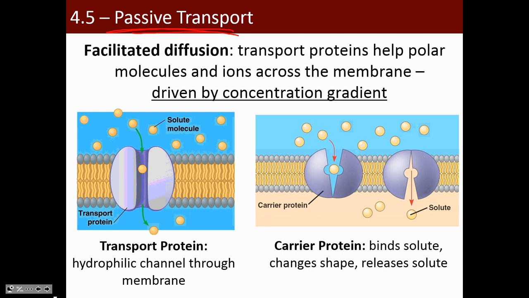But it's going to involve a helper to get through that hydrophobic core of the membrane. So facilitated diffusion involves using proteins that are called transport proteins to help molecules get through the membrane that otherwise can't pass that hydrophobic barrier. Okay? So things like polar molecules or charged ions can't go through that hydrophobic core. They get stopped.